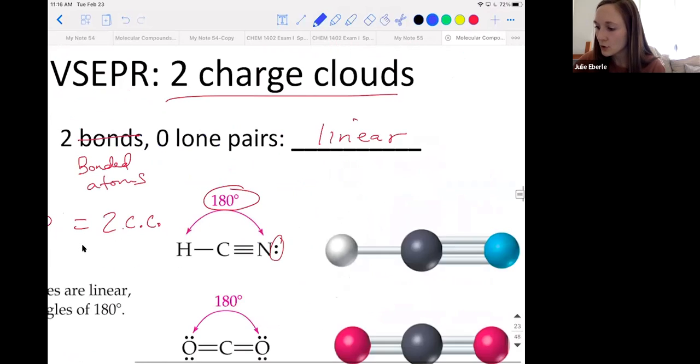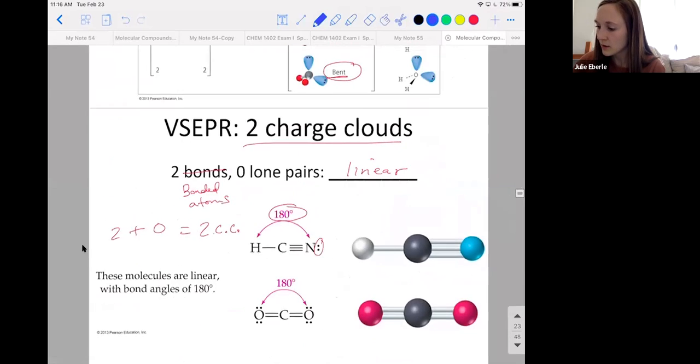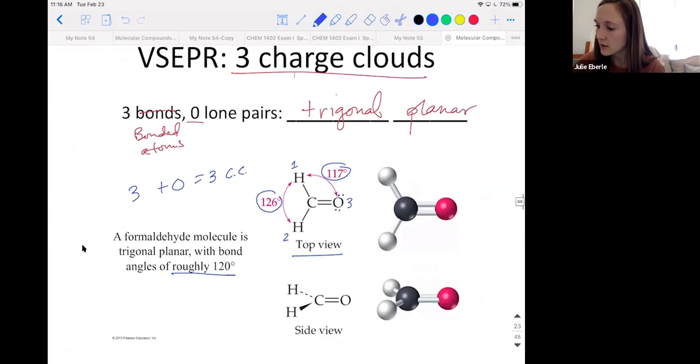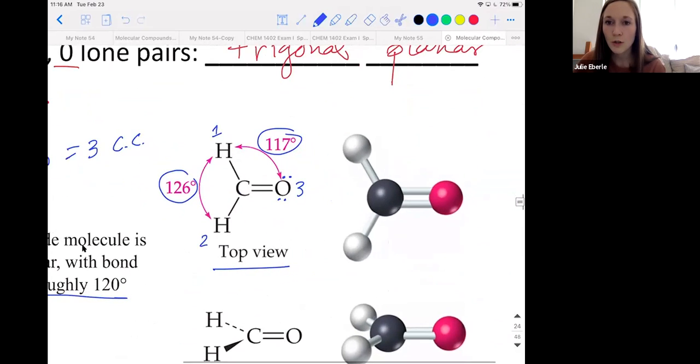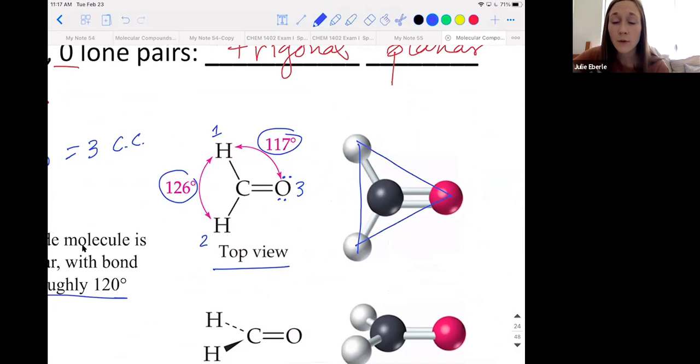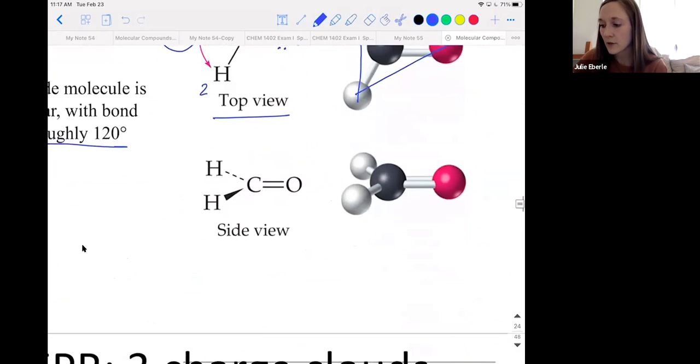If we drew the geometry over the top of this shape, you would draw a triangle, okay? And these are all in the same plane if you're looking down from the top. Now, a side view looks a little different. Here, the carbon and the oxygen would be in the same plane.